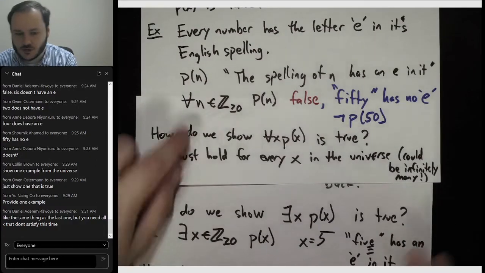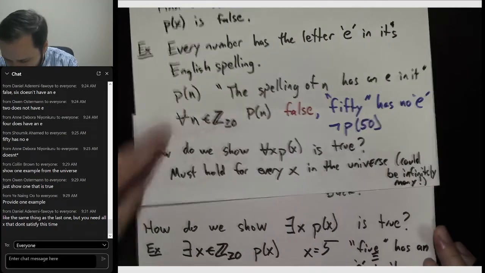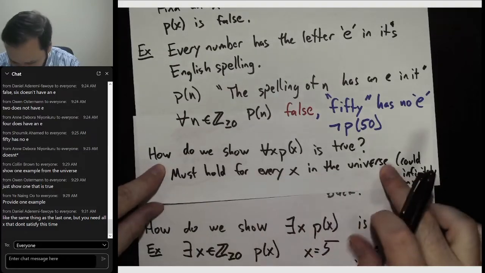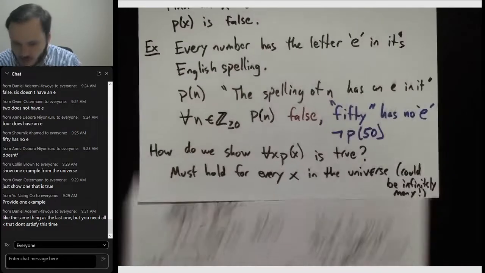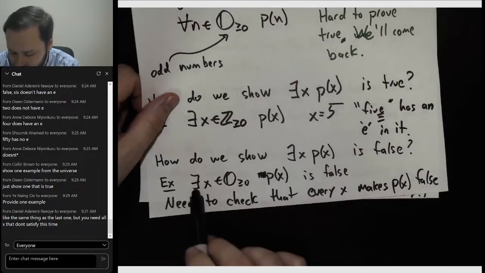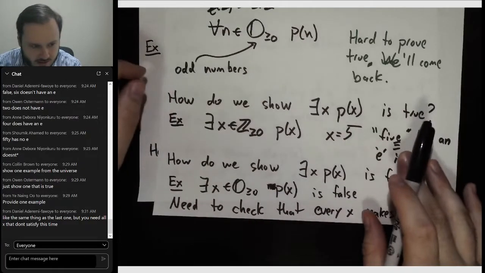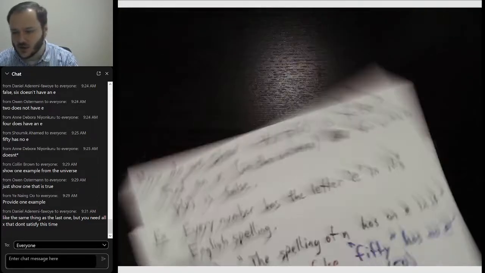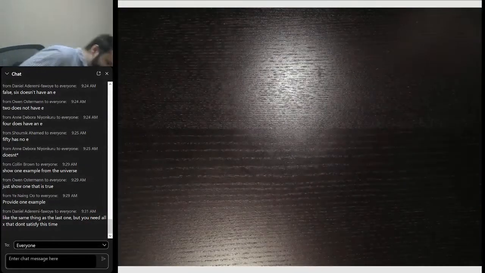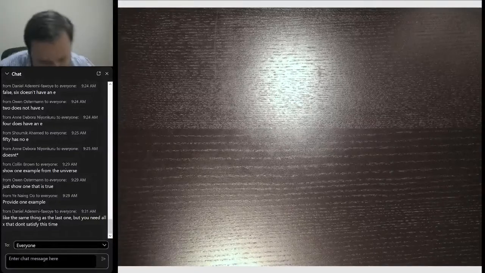But if I want to show a for all statement is true, I need to check everything. And if I need to show that an exists statement is false, I need to check everything. So this tells us how these two concepts are related.